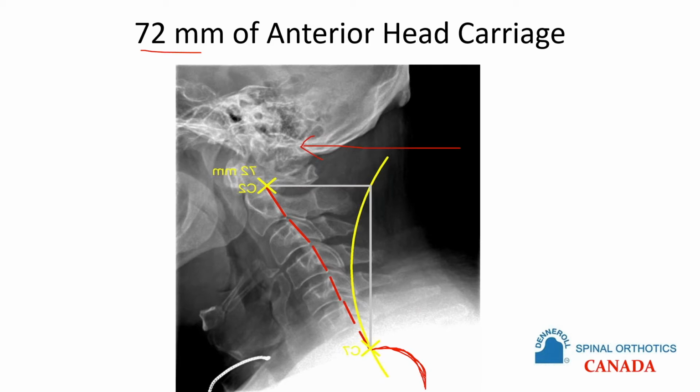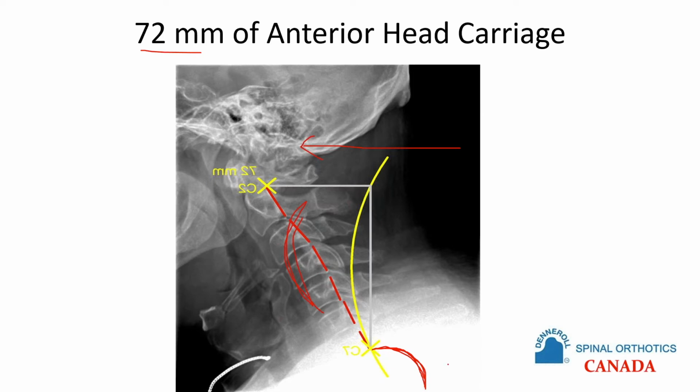Let me say that one more time because it is so important. I think it's often why we struggle to get good curve restoration. You can't have a normal cervical curve if you don't have a normal or close to normal upper thoracic kyphosis. So if I'm already hyperkyphotic or I have too much rounding, the design of the Denneroll is just going to keep that deformity there. I might improve this patient's curve, but they're going to have a curve and their head's going to still be 2 inches forward, which is no good.